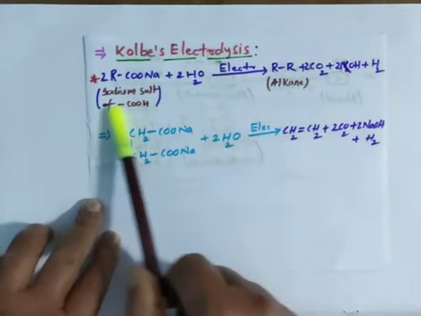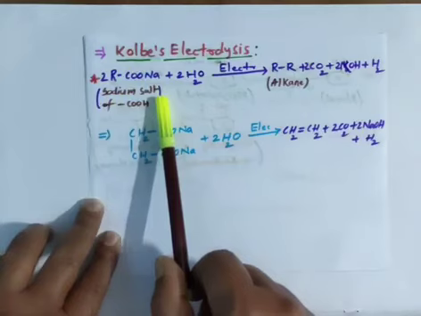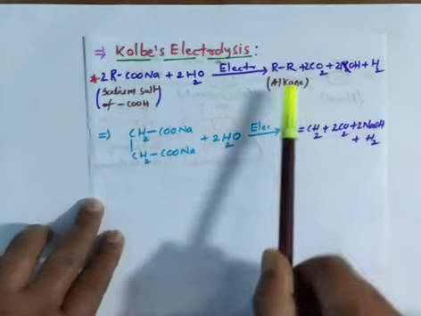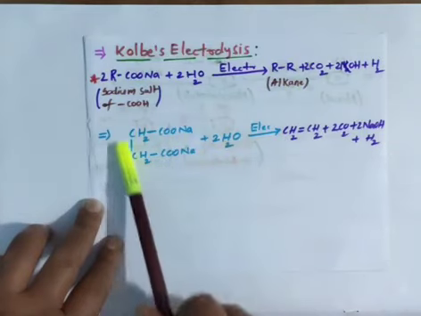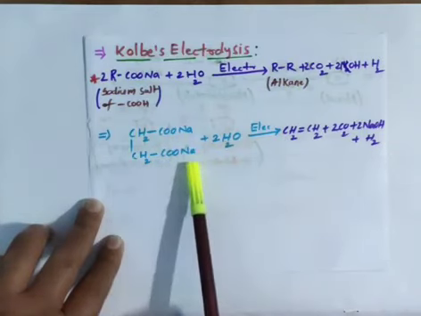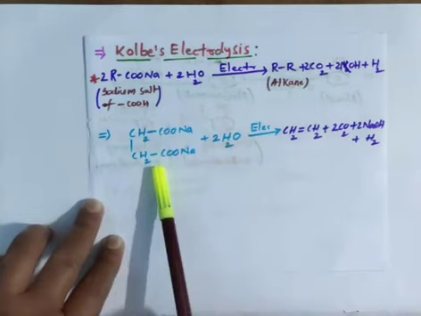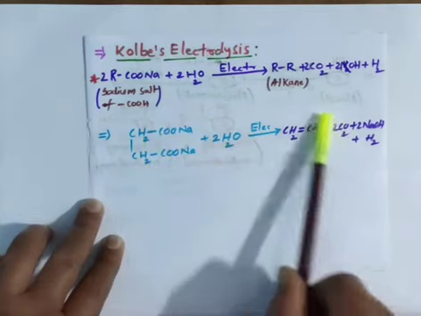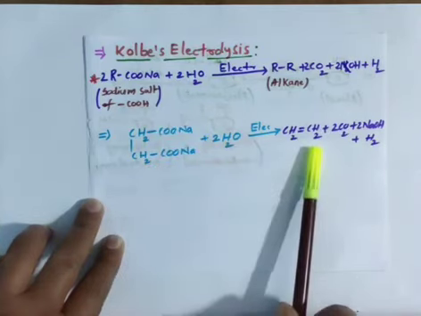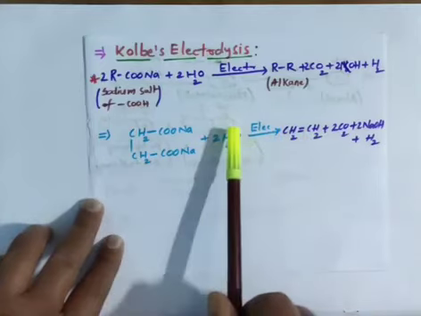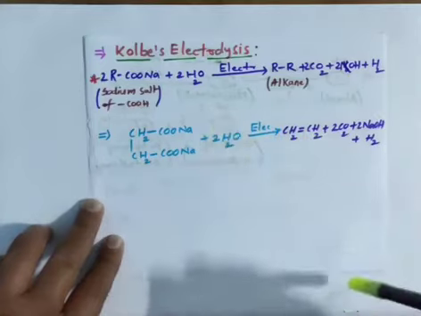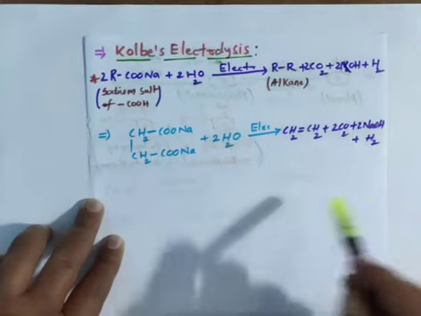If you are taking 2 moles of salt of carboxylic acid, you are getting alkane. And now, if you are taking 2 moles of salt of carboxylic acid, you can get alkene also. So, by Kolbe's reaction, generally we are preparing salicylic acid.